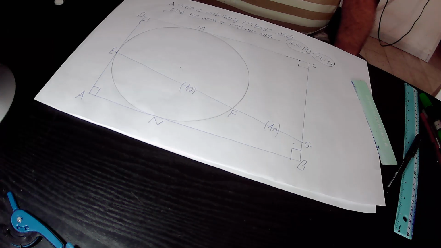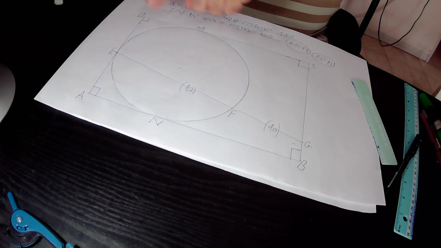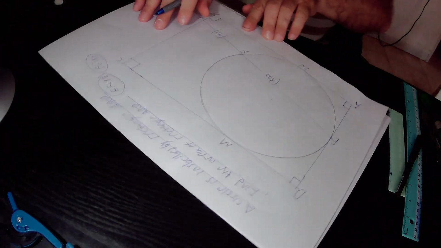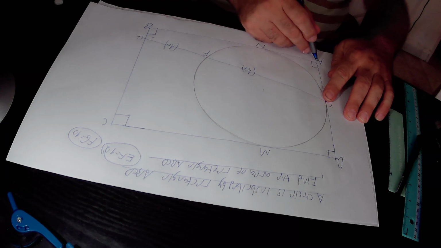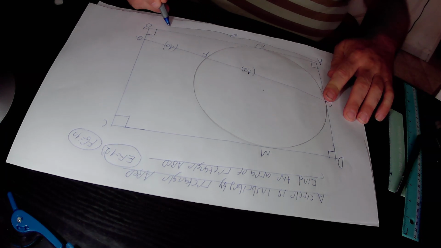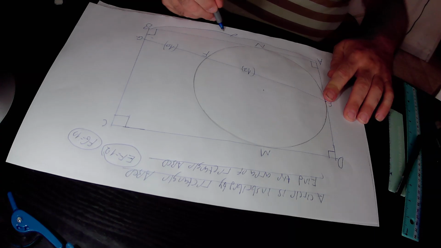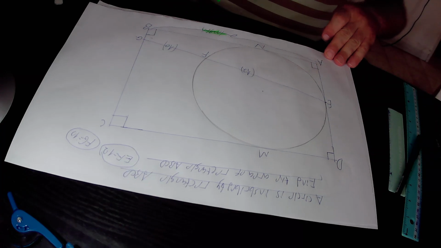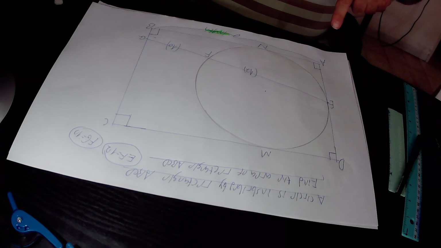What is the area of any rectangle? The area of any rectangle equals the length of the rectangle times the width. So we define the length of this rectangle ABCD as AB, and we define the width of this rectangle ABCD as AD.